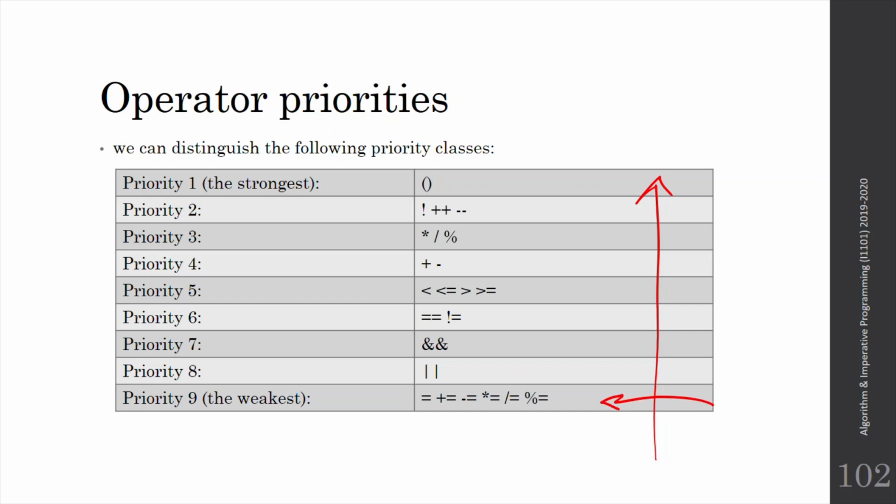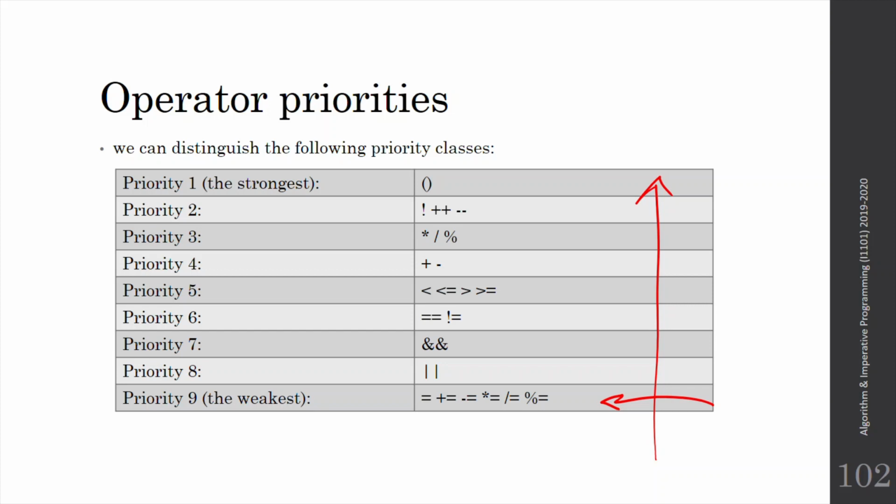So whenever we have a bracket, we should evaluate what's inside the bracket first, and then move to the unary operators, like not, plus plus, minus minus, then multiplication, division, and the remainder, and then the plus and minus. Then the comparison operators, less than or equal, greater than. Then the equality or inequality test, then the logical and, logical or, and at the end the assignment operator.